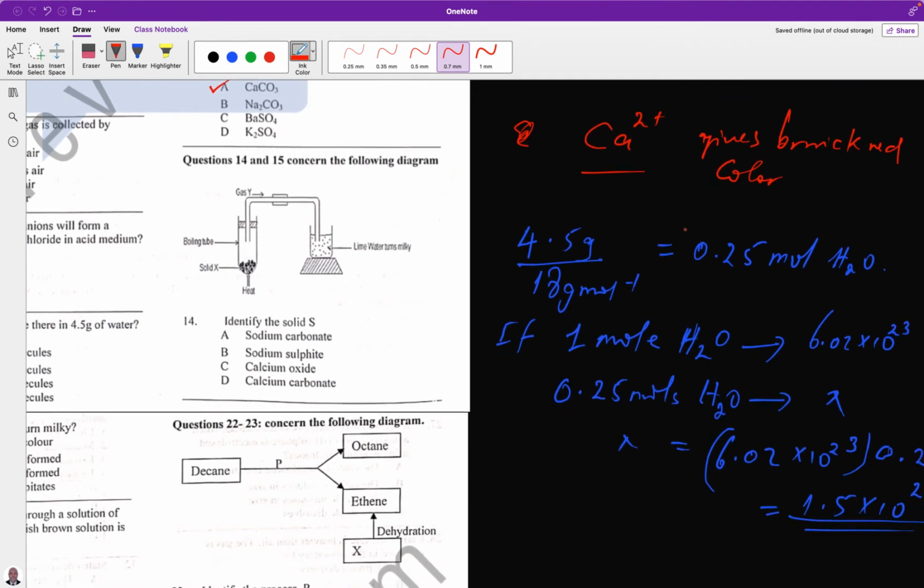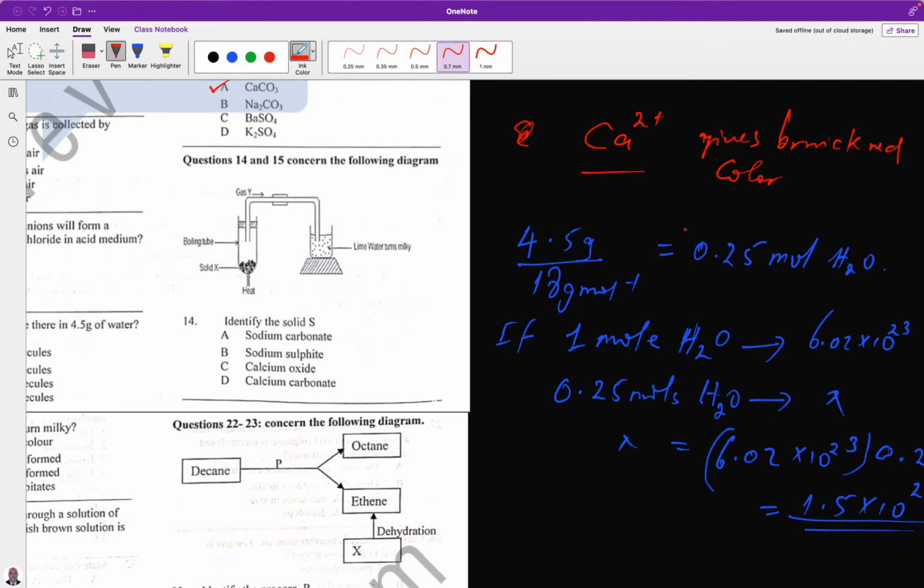Question number 14 and 15 concern the following diagram. There is a diagram here that shows solid X in a boiling tube, and it is being heated. A gas is being released, and the gas gets into another tube containing lime water, and the lime water turns milky.